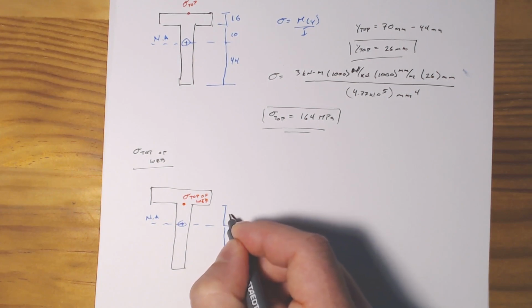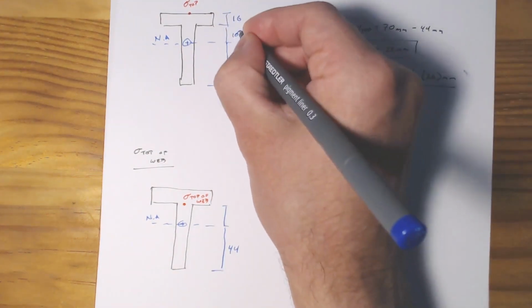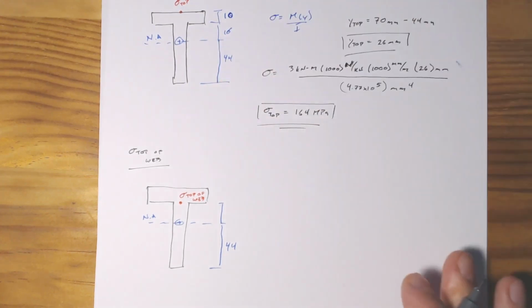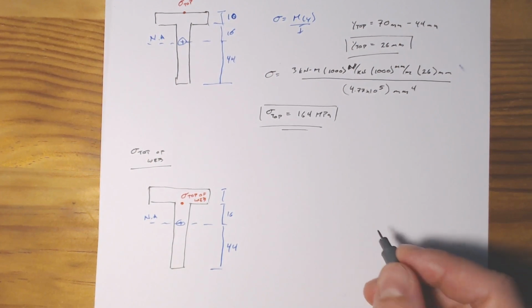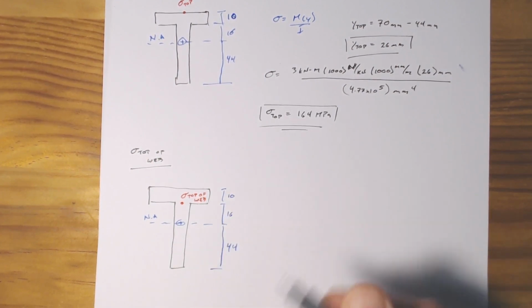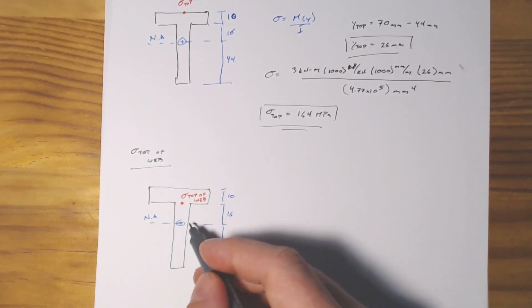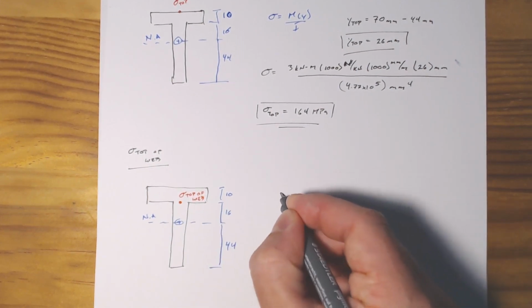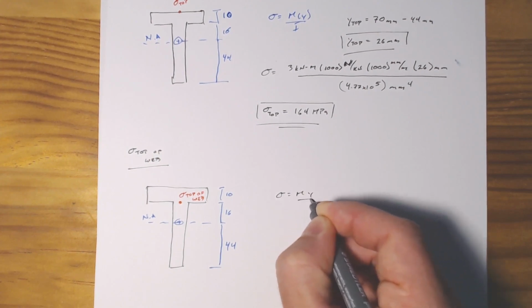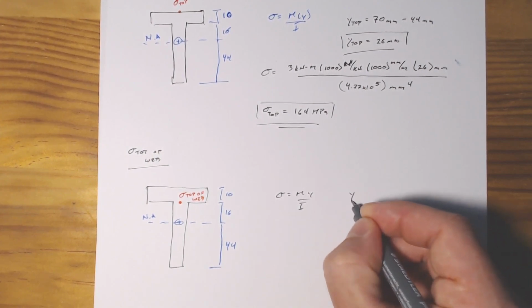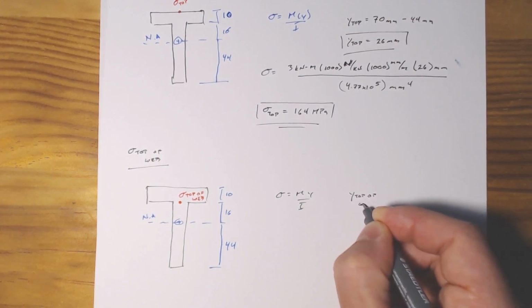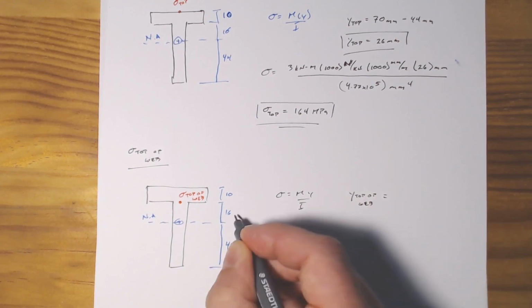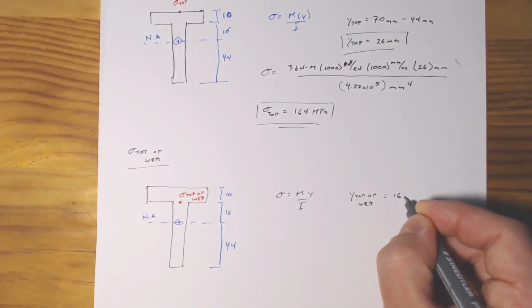We have, oops, sorry, I have this wrong. That's 16 millimeters to the interface between the flange and the web, and the flange is 10 millimeters wide. So here, if we want to work out sigma equals My over I, our distance y to top of the web equals, right here, 16 millimeters.